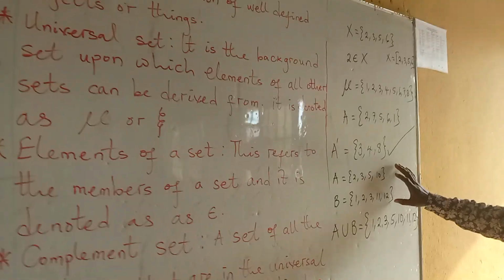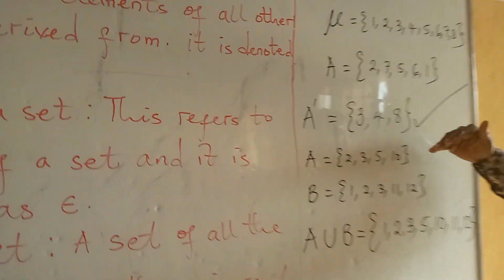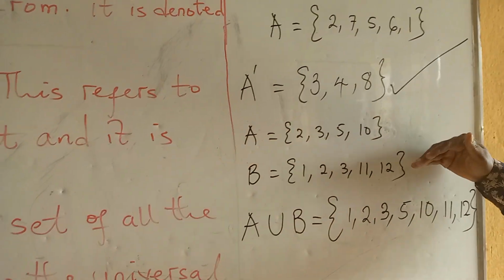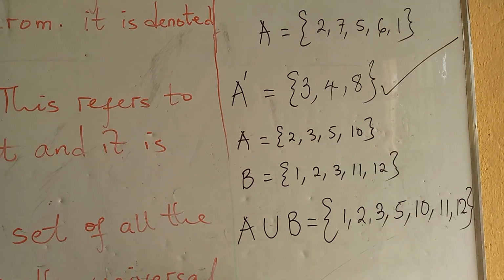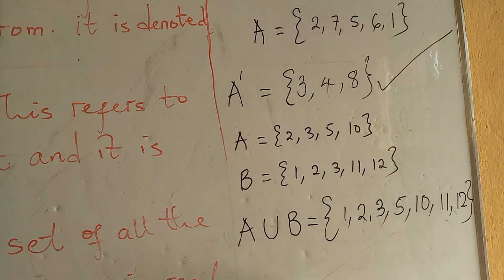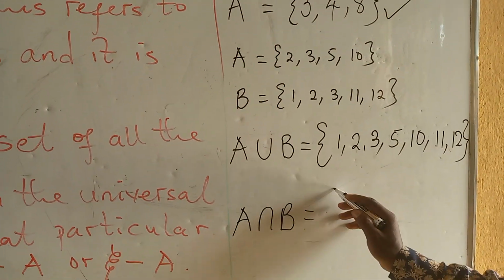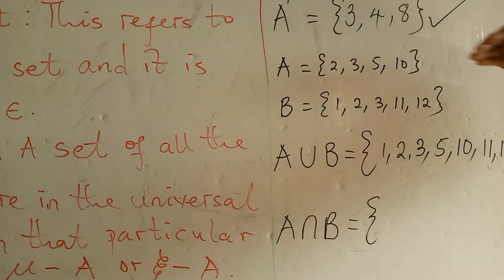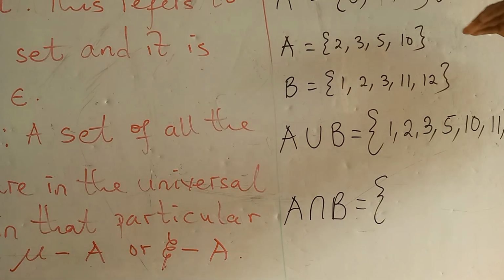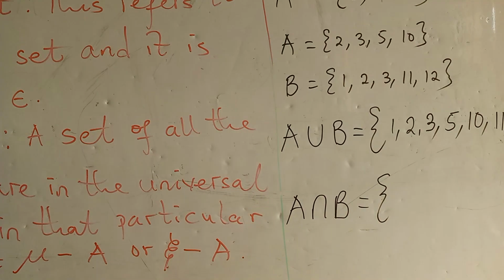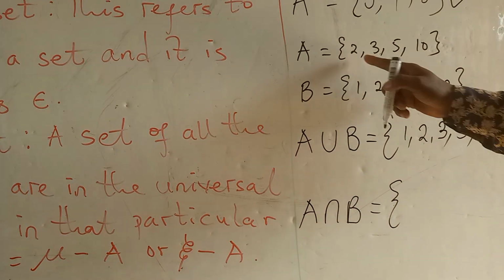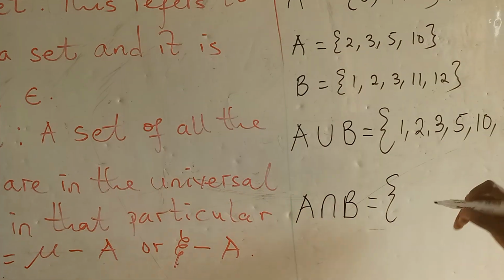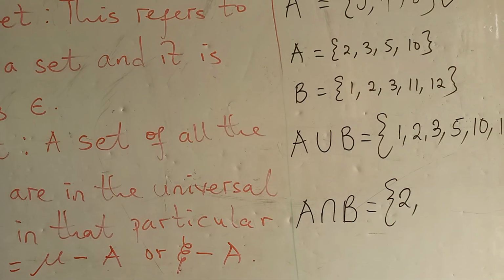For example, if we still maintain this, assuming A is this, B is this, and we want to find A intersection B. A intersection B is simply a set of all the elements that are in A and also in B. So if you look at it, we have 2 in A, we have 2 in B. That will be part of the elements.